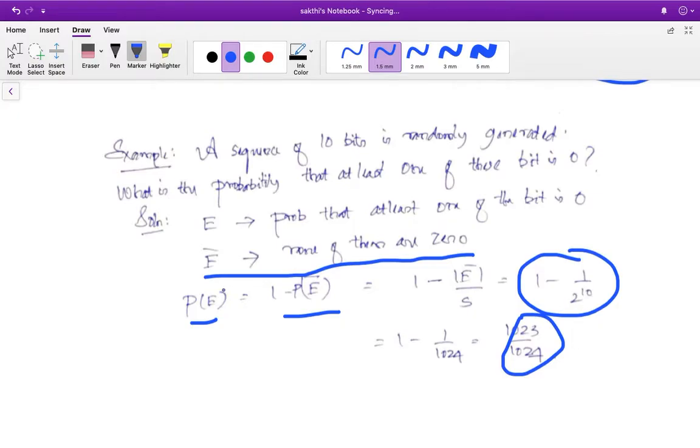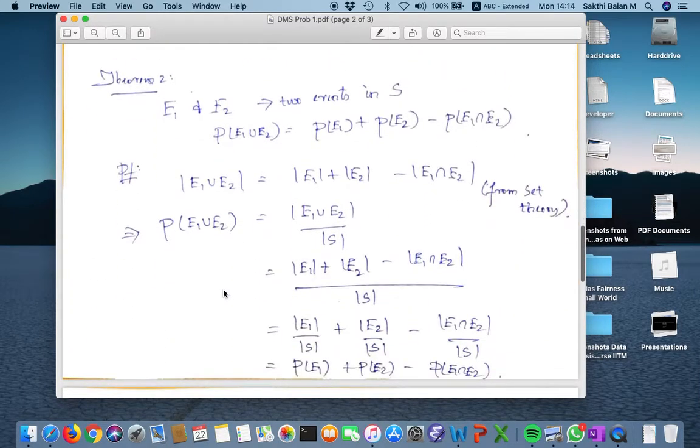Then we have the second theorem, which is also very easy.